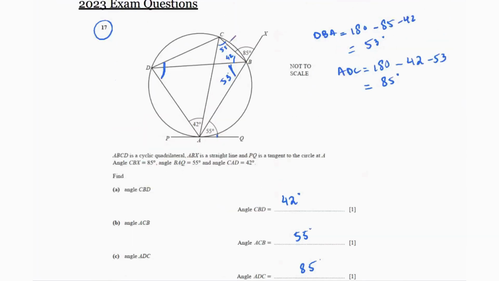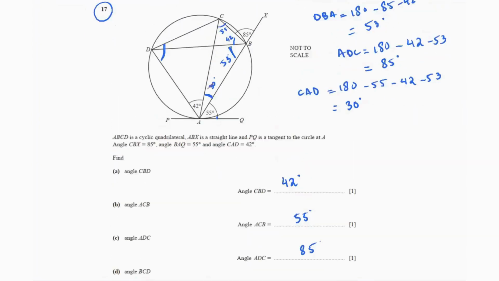Then it says angle BCD. For angle BCD, first we find this angle, CAD. That's 180 minus 55 minus 42 minus 53. That's going to be 30. So this is 30.